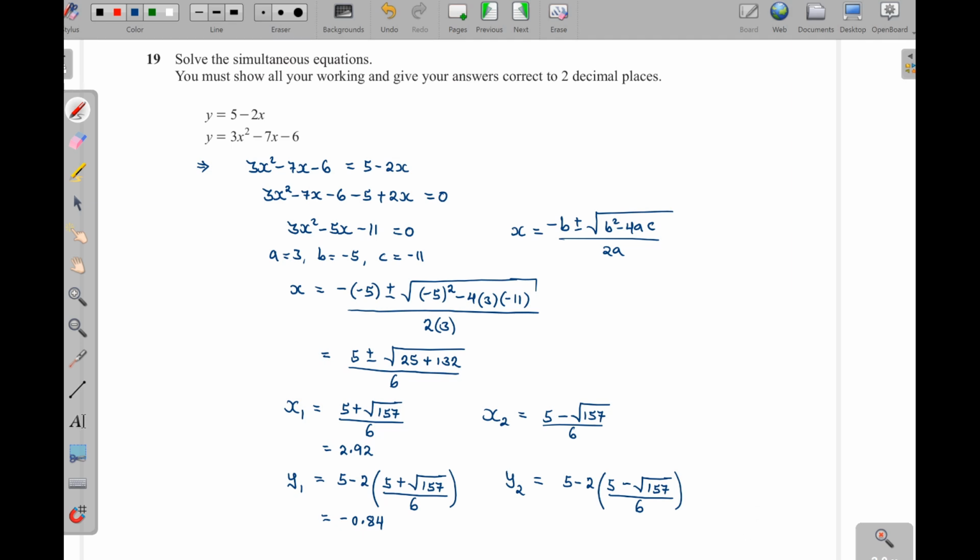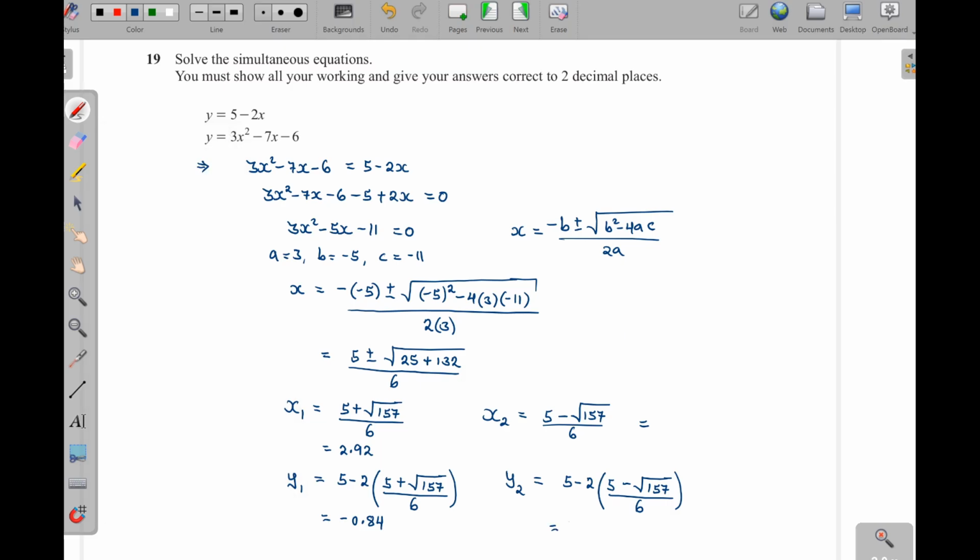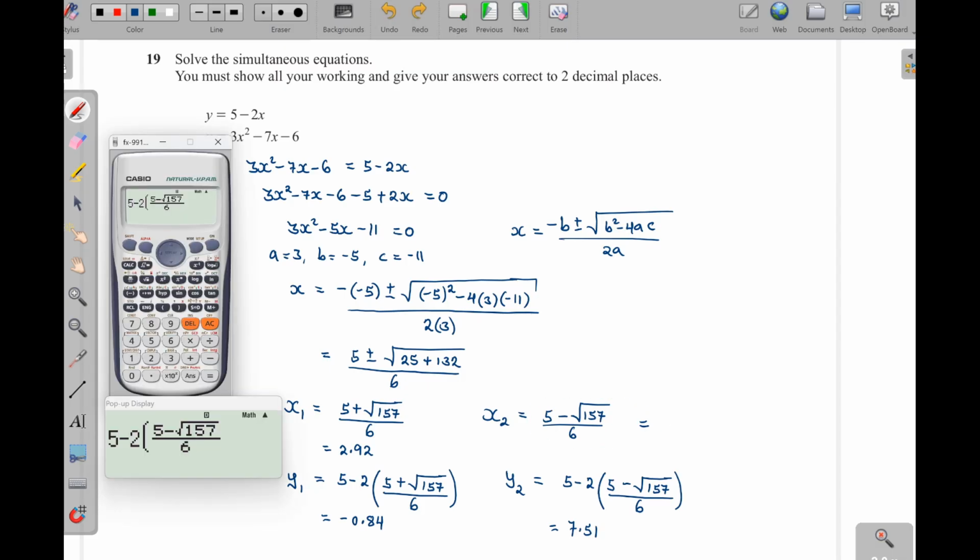Then here we shall get, so I'll come to this and then I'll just go to where there is this plus and I put a minus there, and so then this one will give us 7.51. Then how about this? I'll just come here and then I take off this like that.